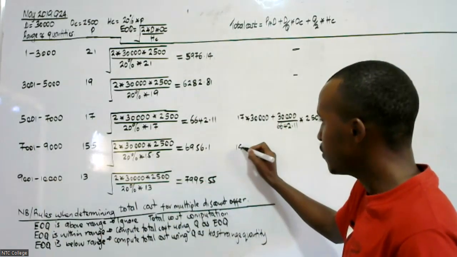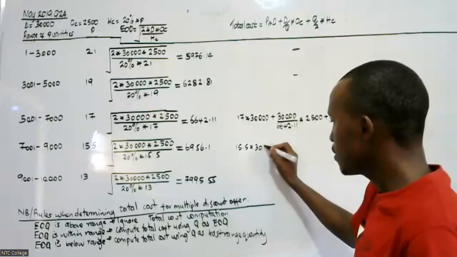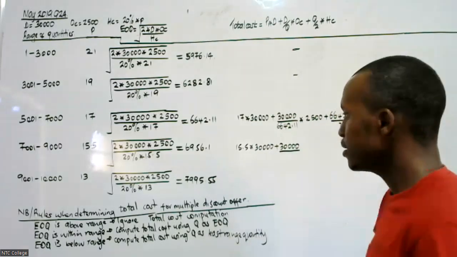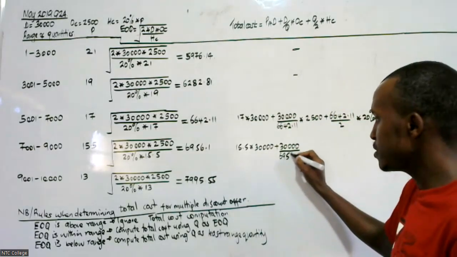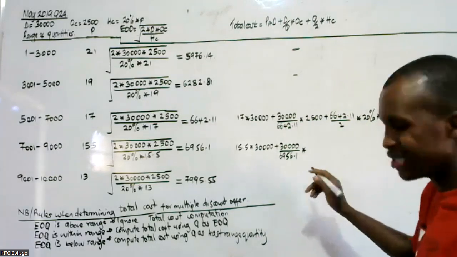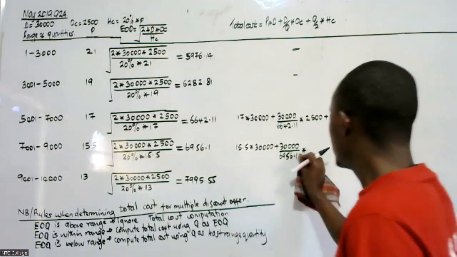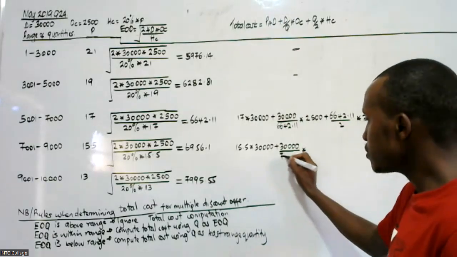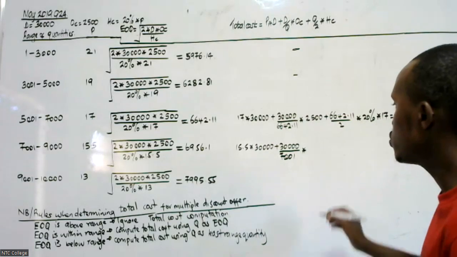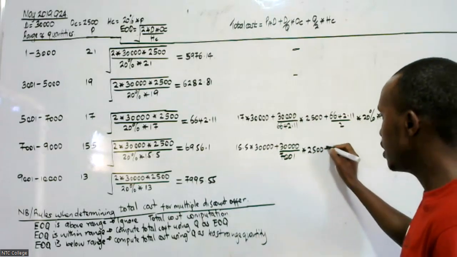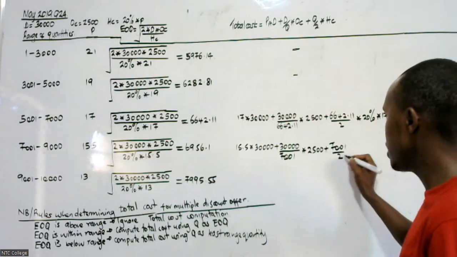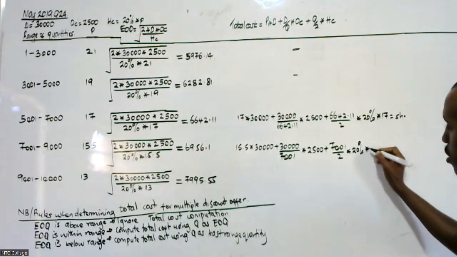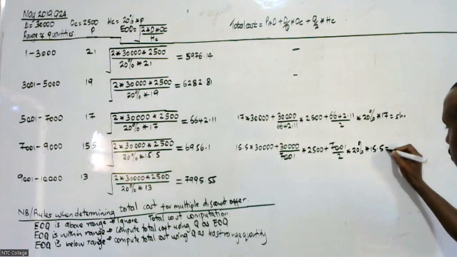So you calculate 15.5 by 30,000 plus 30,000 divided by 7,001 times 2,500 plus 7,001 divided by 2 times 20% of 15.5.